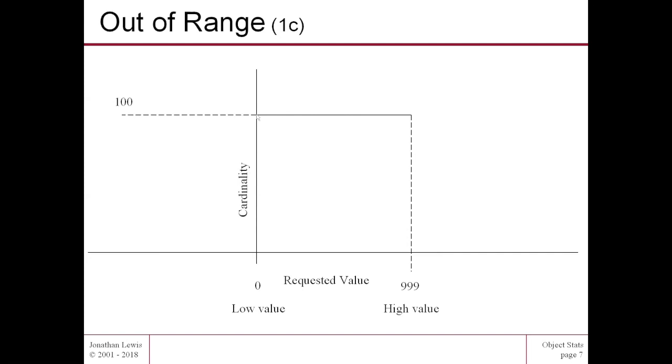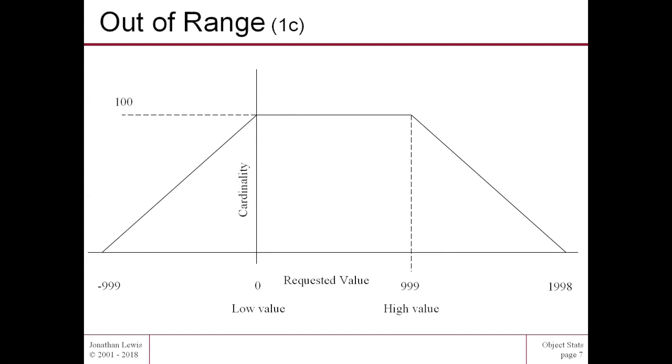Oracle takes this picture and says, okay, let's extend backwards, let's extend to the low values the same distance to get us down to 0. So it produces this angled line down to 0, which is 999 to the left. It does the same thing to the right. Extend the range, 999 steps, the same distance again to the right, and then that's how we come down to 0. And this is what I describe as the linear decay approach that Oracle takes.